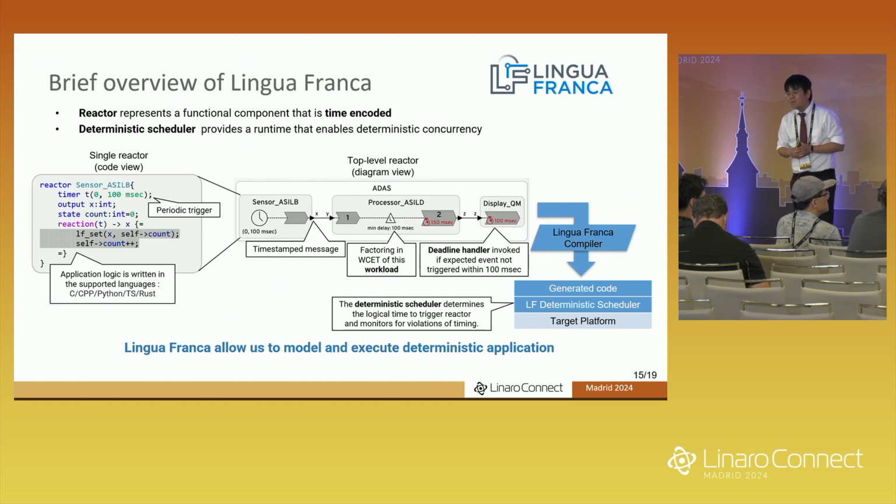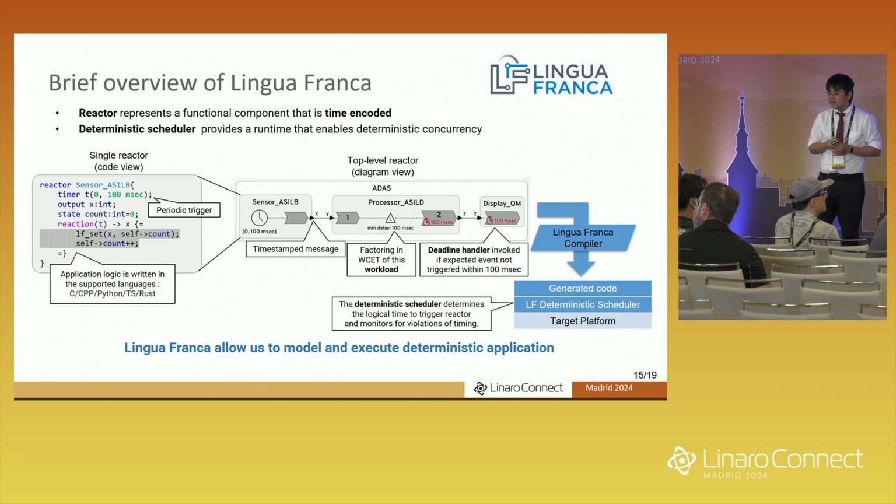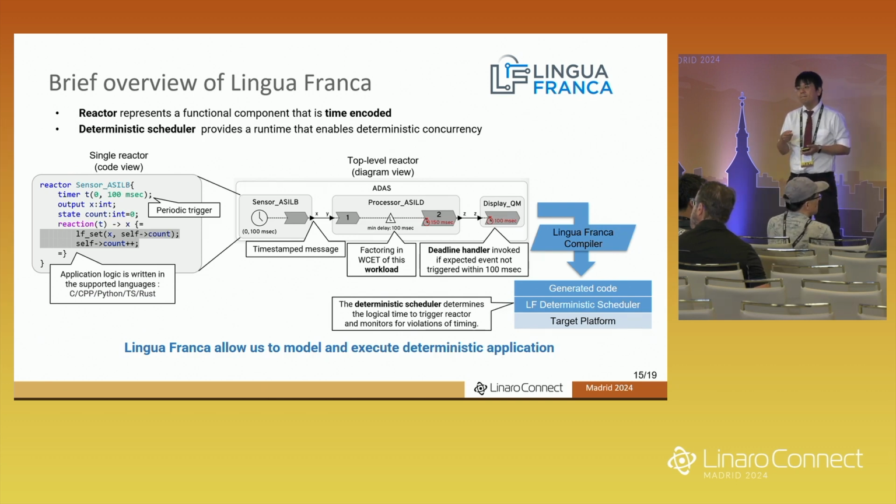This is a very simple reactor that reads data from a sensor. The blue characters are Lingua Franca syntax, and we can specify the trigger timing of this reactor. In this case, this reactor should run every 100 milliseconds, so we specify the periodic trigger using the Lingua Franca syntax.